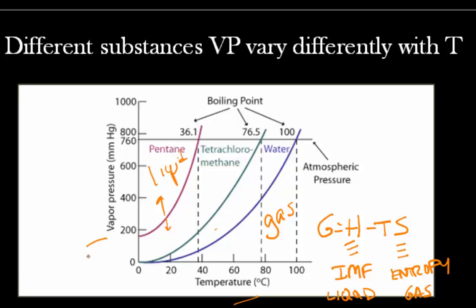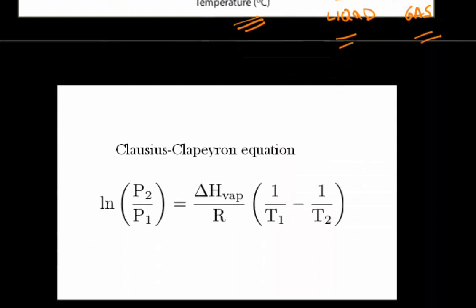Clearly, the relationship between the vapor pressure and the temperature is an exponential function. And so we can derive from thermodynamic first principles an equation relating the vapor pressure and the temperature at one point, and the temperature and the vapor pressure at a different temperature.